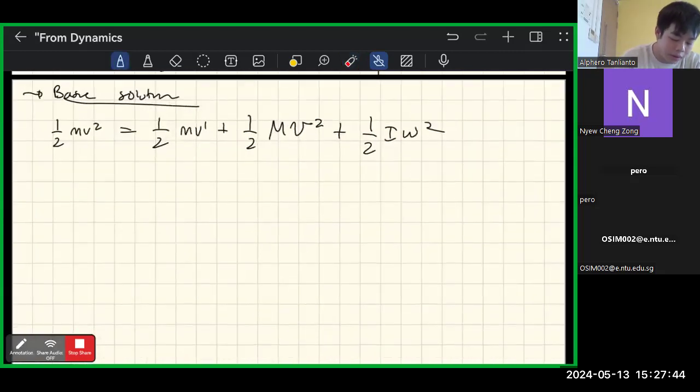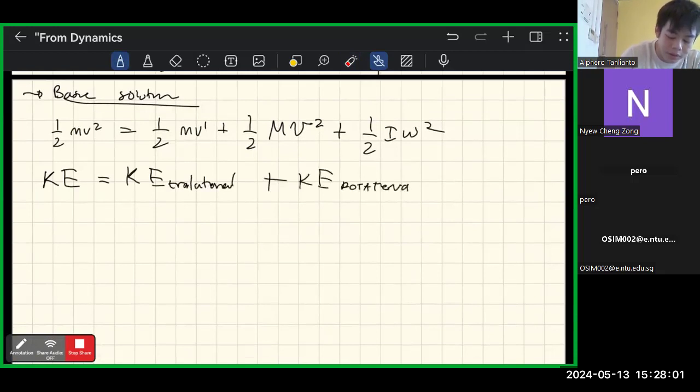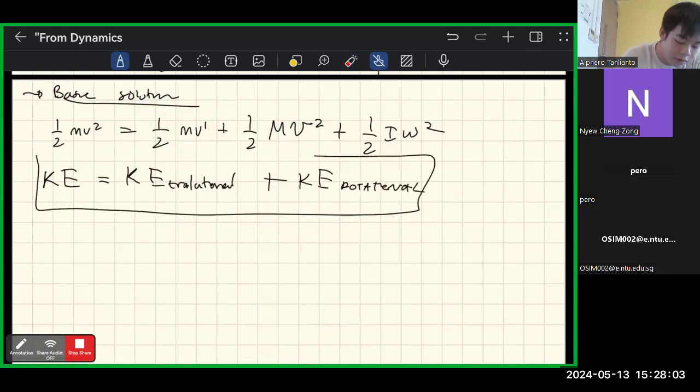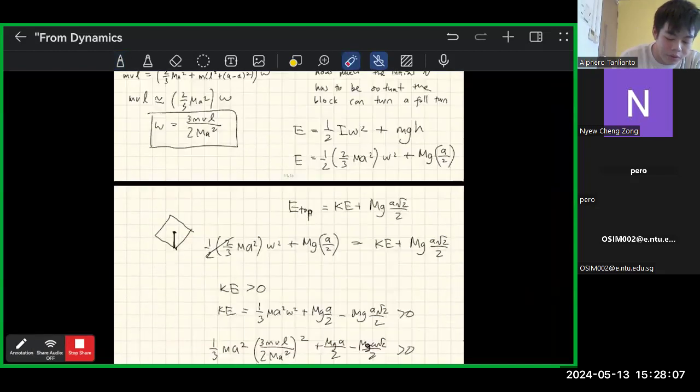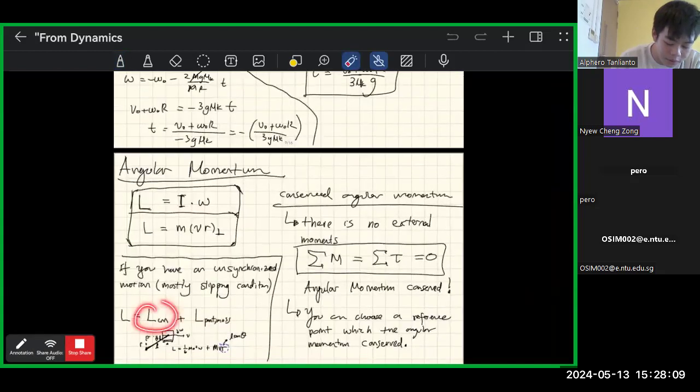And I have to tell you that for kinetic energy, the total kinetic energy equals the translational one added by the rotational one. It's exactly the same as the angular momentum one. They both have the center of mass one.